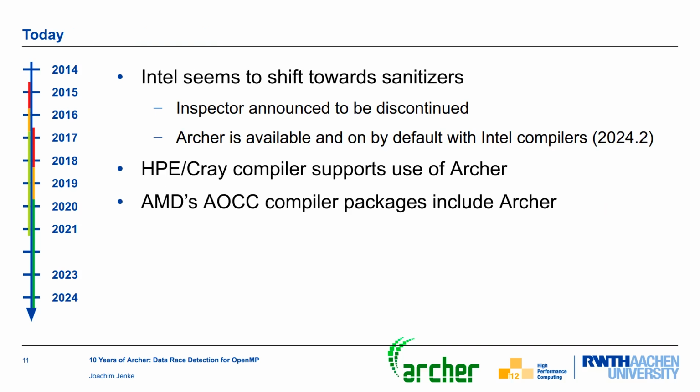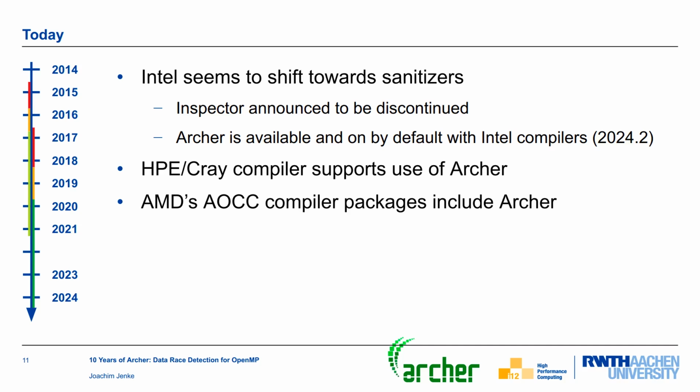What is the status today? Since Archer is implemented in LLVM and integrated in LLVM, it's basically available with all Clang-based compilers, as long as the vendors decide to include the tool into their build and release. Since this year, Intel seems to shift towards sanitizers.